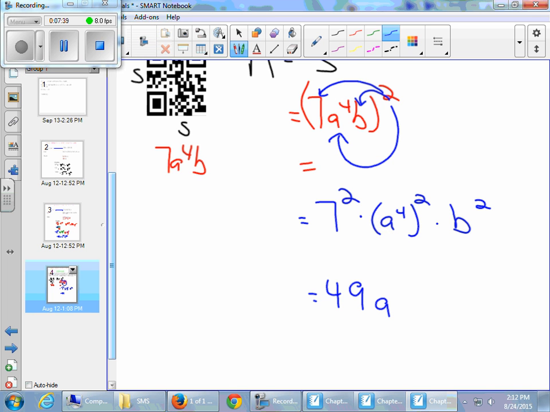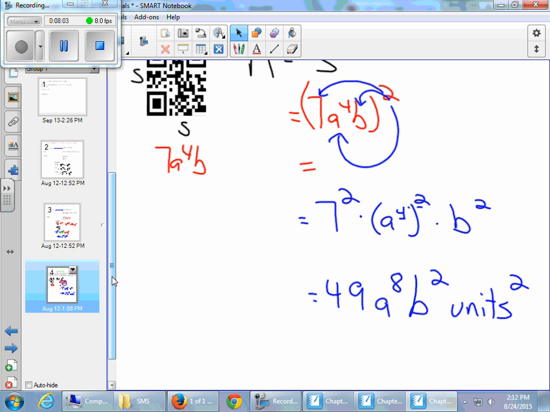A stays the same. Remember, with an exponent to an exponent, we multiply. 4 times 2 is 8. We have b squared. So that's going to be our answer: 49a to the 8th b squared. If they don't give you any form of measurement, it's units squared. Area is always squared.